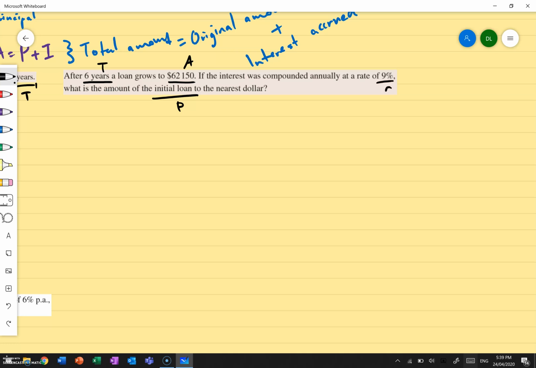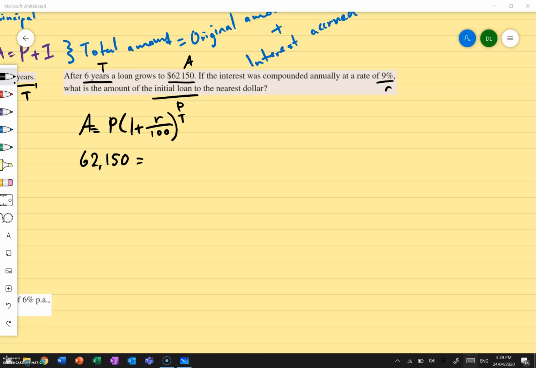Perfect. I'm going to rewrite the formula. A equals P bracket 1 plus R over 100 to the power of T. Then I substitute my numbers. So A was 62,150. So 62,150 equals P, which I don't know yet, so I need to find it.